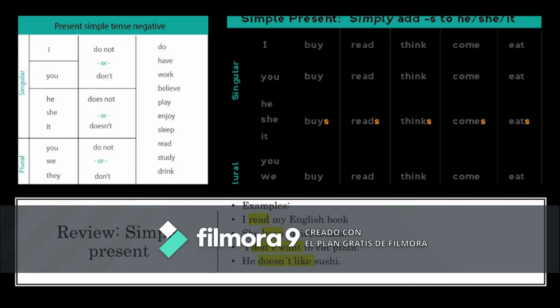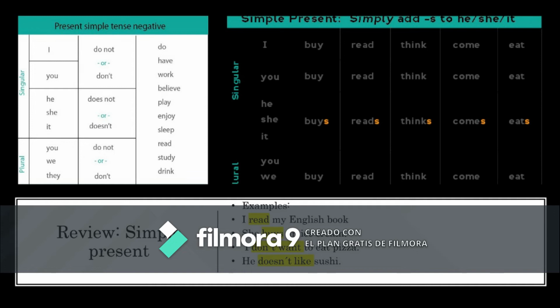Now, when we are talking about negative statements, we also need to use the pronoun plus the auxiliary verb. In this case, we use do or does. In negative, that is don't and doesn't. We use don't when we are talking about I, you, we and they.